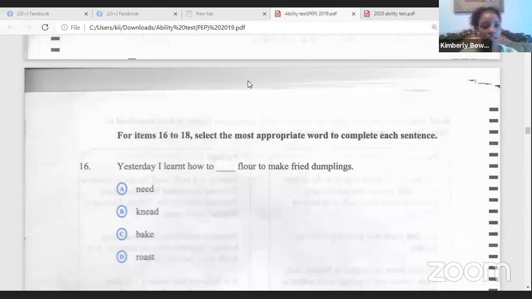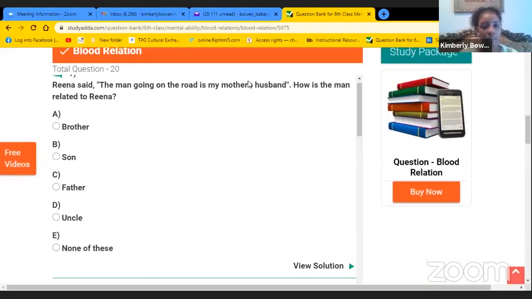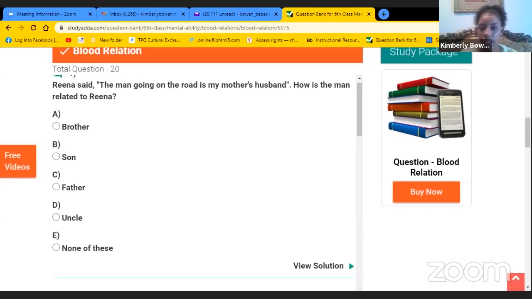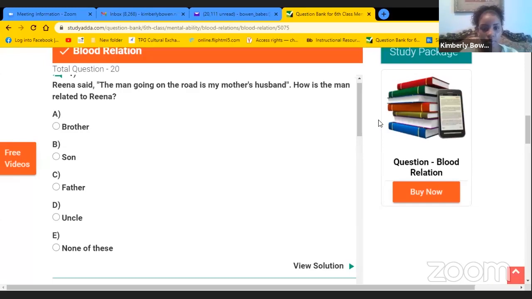So it says, Raina said, the man going on the road is my mother's husband. How is the man related to Raina? I'm looking in the chat for the answers. Ajania, yes, you're correct. I'm already seeing your answer. Christina is also correct.